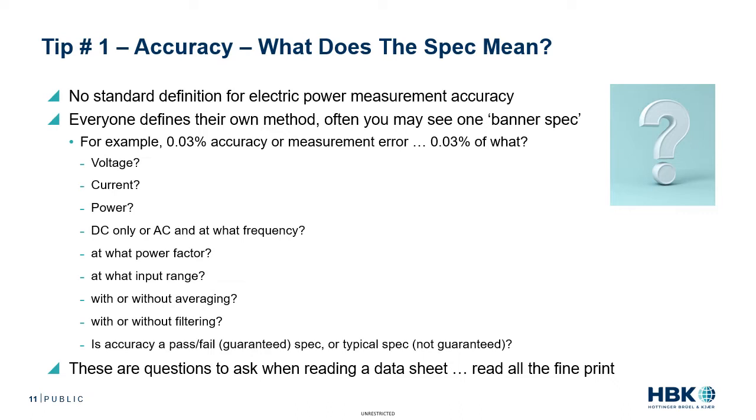At what power factor? At what input range? Is it with or without averaging? With or without filtering? Is the accuracy specification a pass-fail guaranteed spec, or is it just a typical spec, which means it's not guaranteed? These are questions you need to ask yourself when you're reading the data sheet, and you need to make sure you read all the fine print.